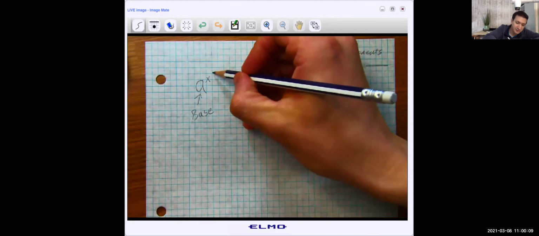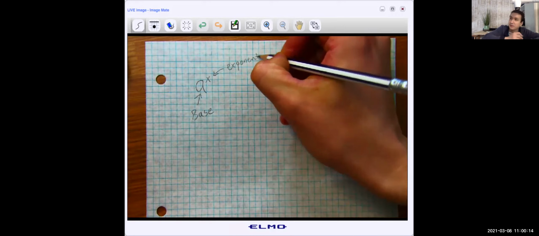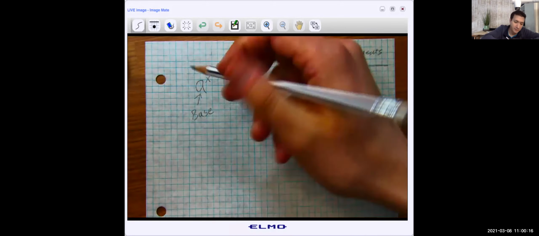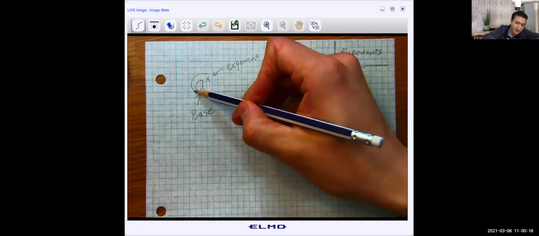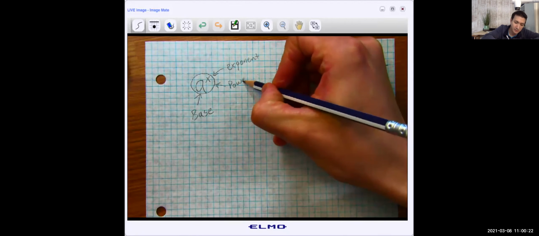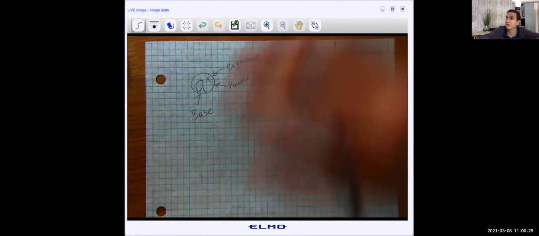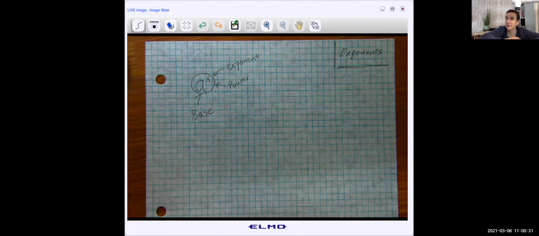This part up here, this is what's actually called the exponent. So that's what we're focusing on now, is how do we handle those. And when you have all of those together, this whole thing is what we refer to as a power. So some vocabulary there that you need to be familiar with. And let me know if you have any questions as we're going along, okay?